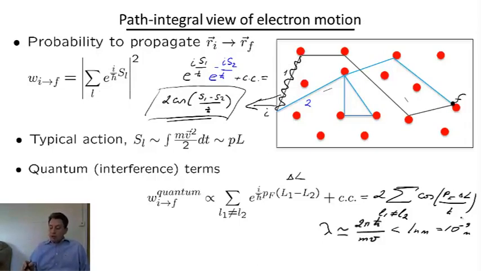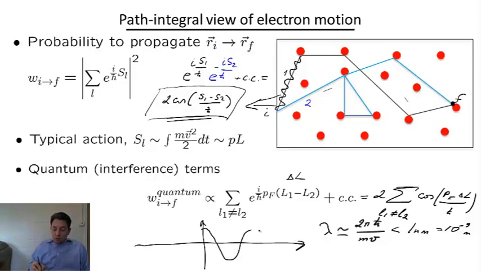And how it plays out here is that this typical ratio of delta L divided by essentially this lambda is very large, and so you have different trajectories contributing to this sum, and so you have cosines of different, completely random phases. And cosine, as we know, is the function which can be positive or negative. So if this is our cosine of phi, and this is phi, it can be positive or negative.